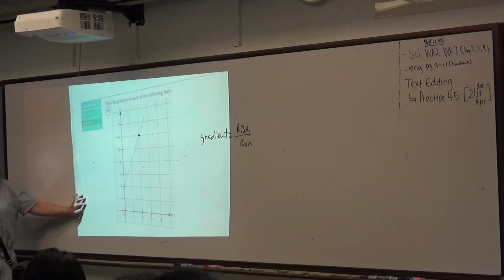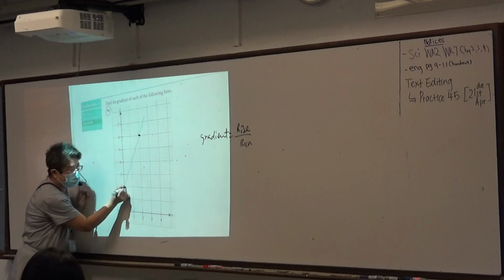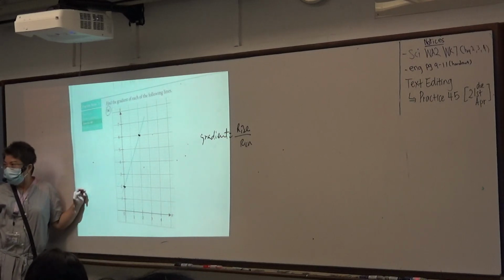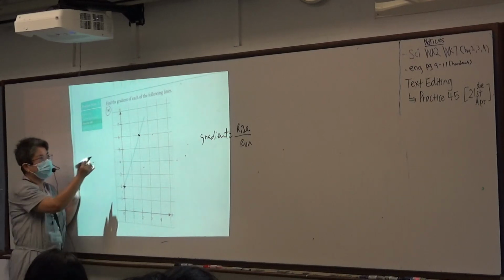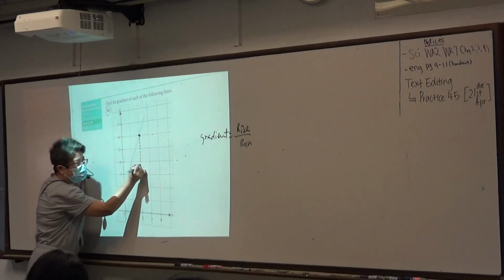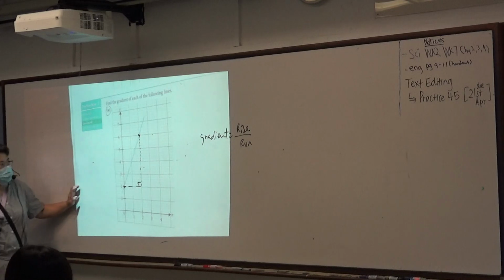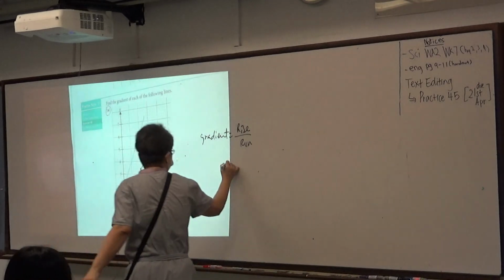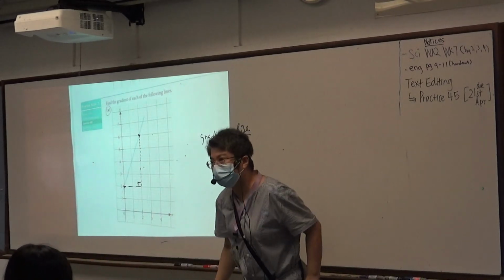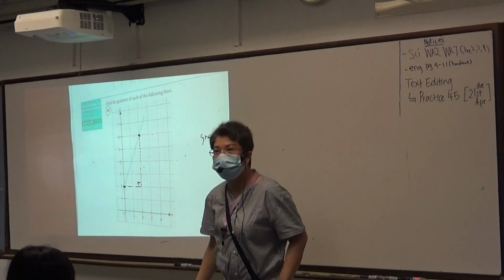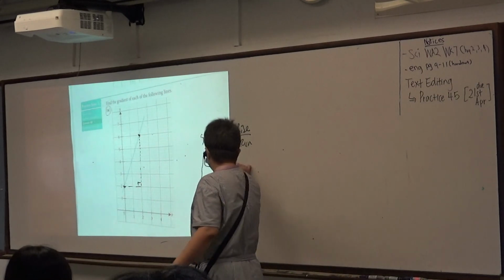I can make easily, right? What's another point? Here, right? Alright. Now, I should do one first, then you will draw a dotted triangle. Okay. Can you first of all tell me, is it positive or negative? Positive. Okay, good.